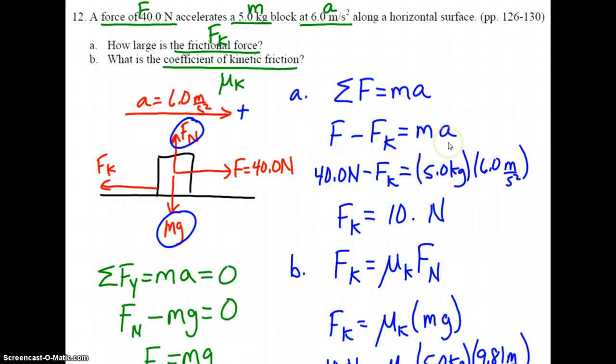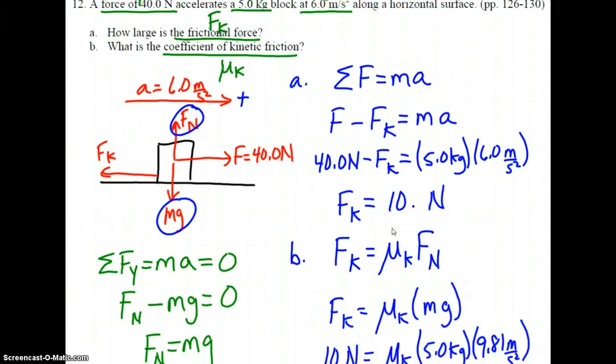We now substitute all the information we have available. We know the force is 40 newtons, the mass is 5 kilograms, and the acceleration is 6 meters per second squared. We do the algebra and solve for Fk to be 10 newtons. To 2 digits, because of the mass and the acceleration, we would need a decimal point after our 0. There's your answer to A.